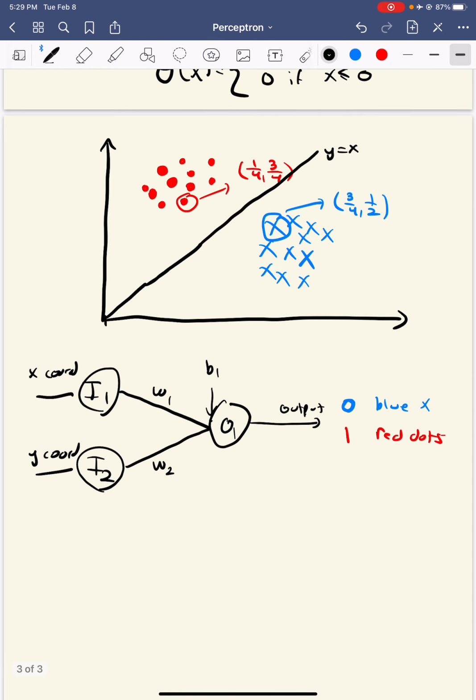So we want to encode this line, basically.